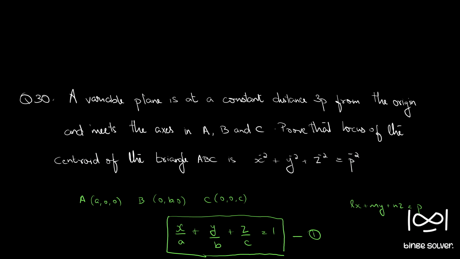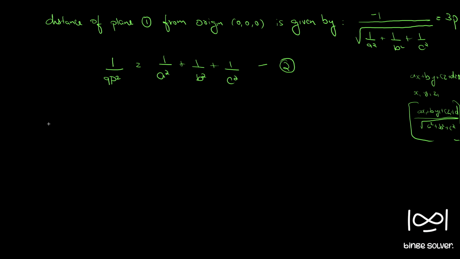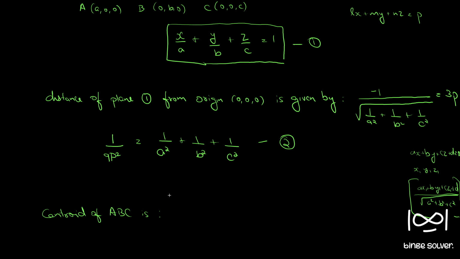Now we have to prove the locus of the centroid of the triangle ABC. What is the centroid of triangle ABC? We know that A, B, C are these points. So the centroid is given by (a plus 0 plus 0) by 3, (0 plus b plus 0) by 3, (0 plus 0 plus c) by 3.